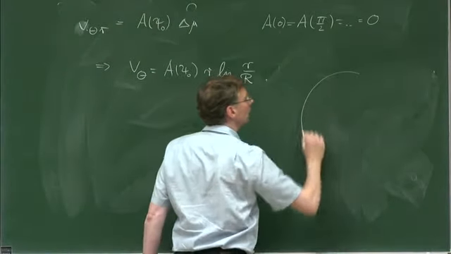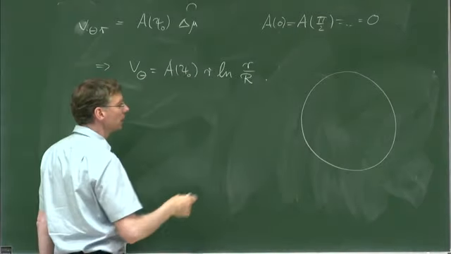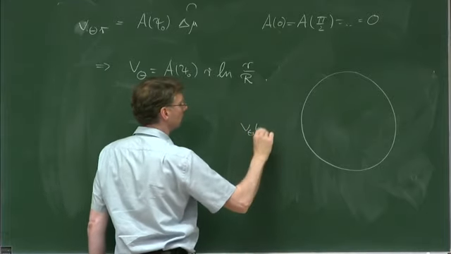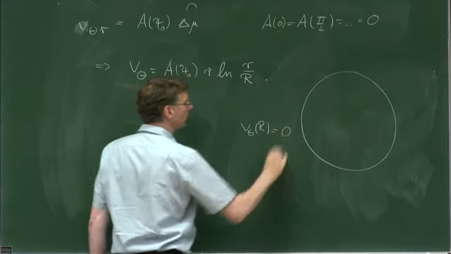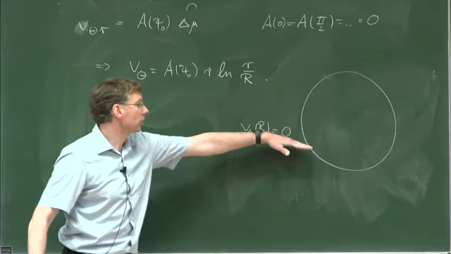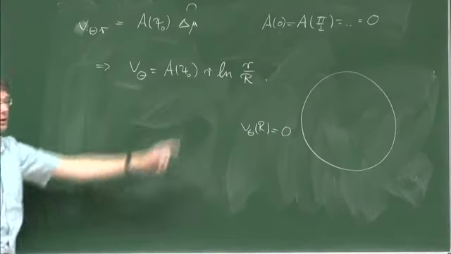where capital R would be the boundary of our system, and the boundary of our system would be such that there is no motion at r, so v of theta should be 0, and at the same time the boundary condition on the polarization vector should be such that it agrees with psi naught, right?